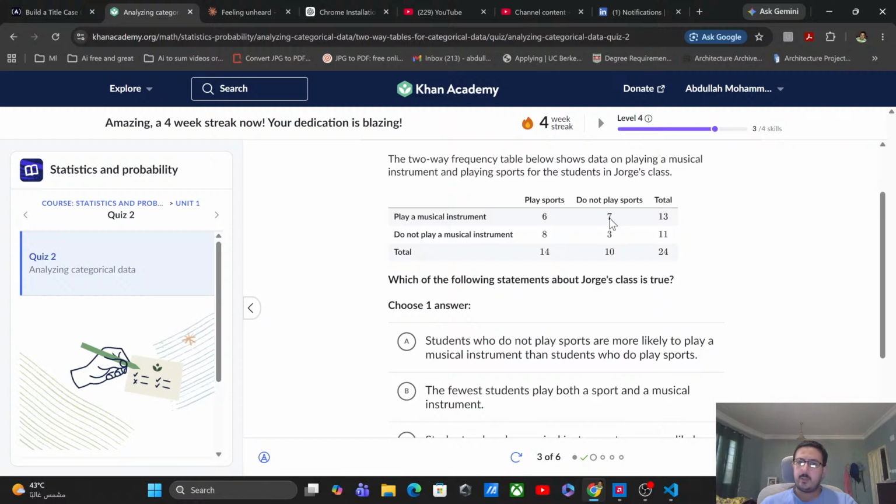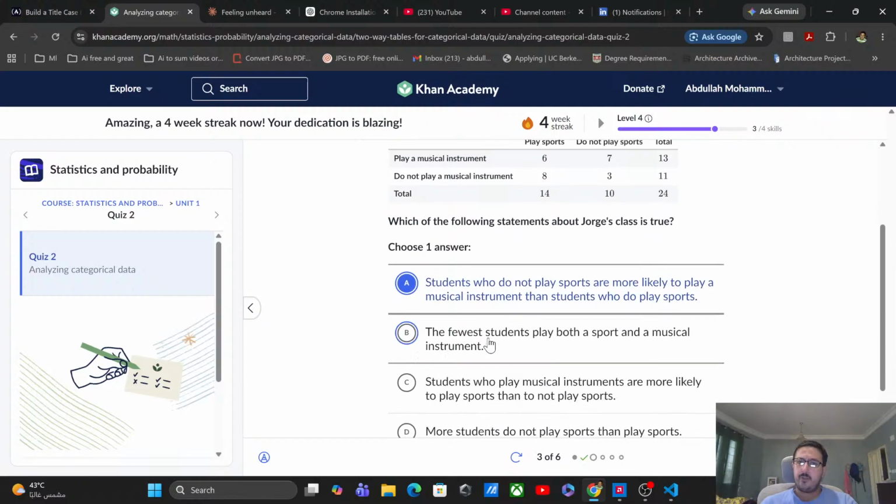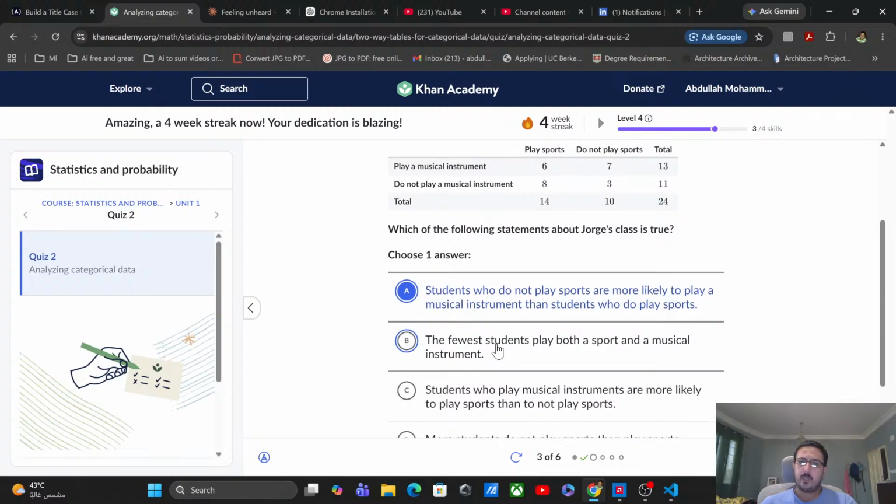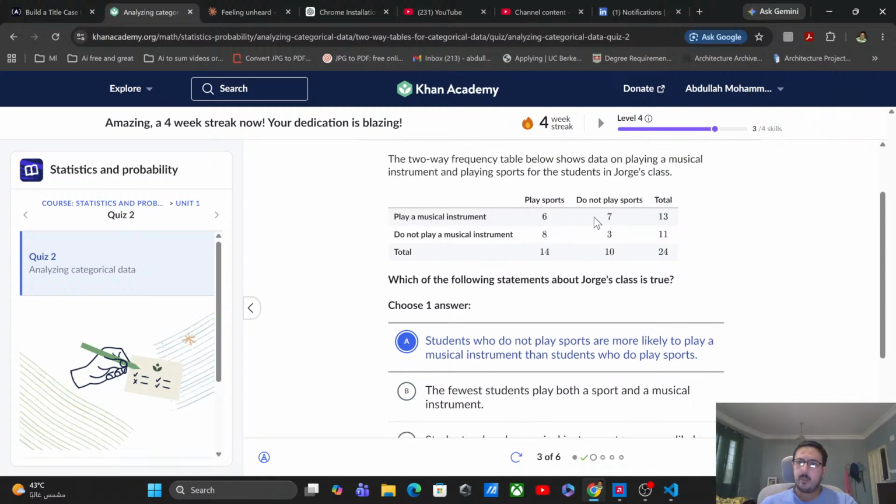Play musical instrument, students who play sports. That's correct. Typos. Few students play both sports and a musical instrument. Okay.